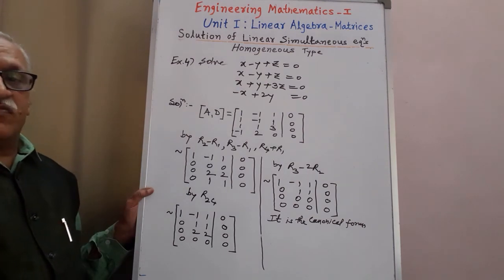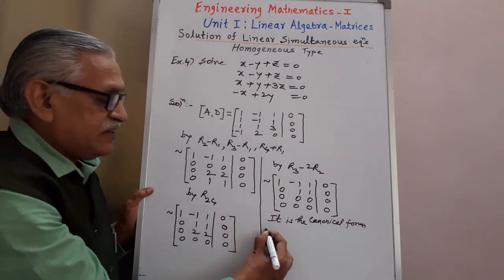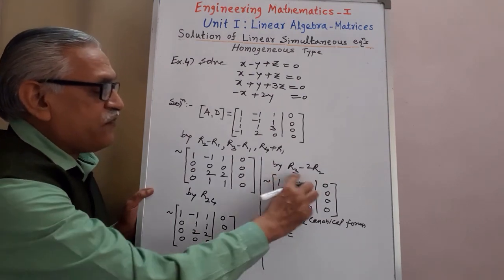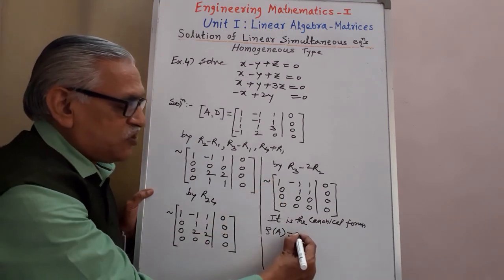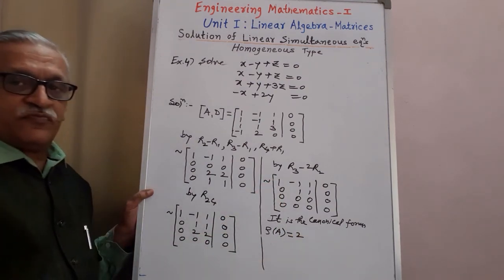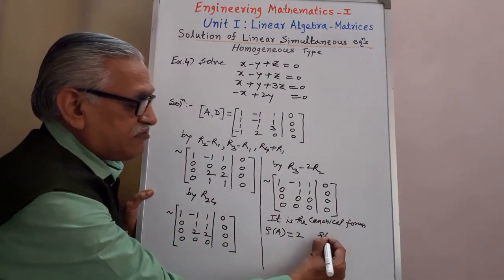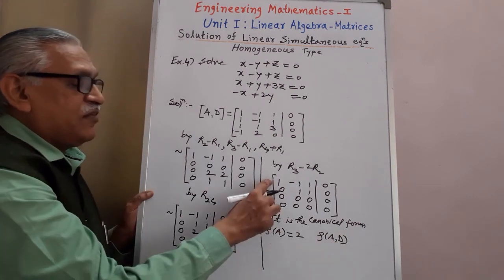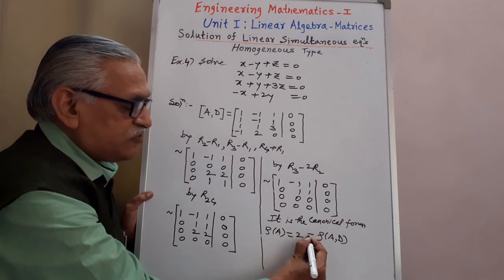As it is the canonical form, we determine the rank of A and the augmented matrix. Here the rank of matrix A is the number of non-zero rows. First two are non-zero rows, therefore the rank is 2. Rank of the augmented matrix: first and second rows are non-zero rows, therefore the rank is also 2.